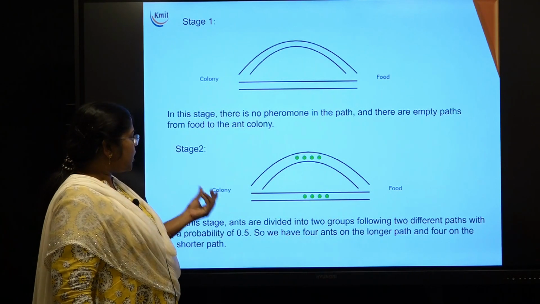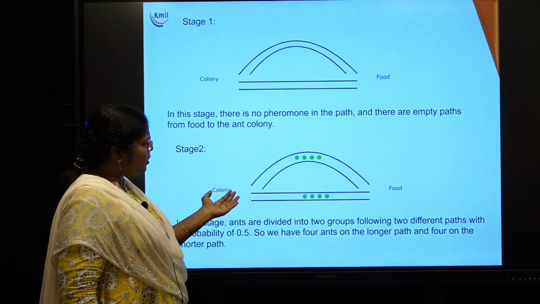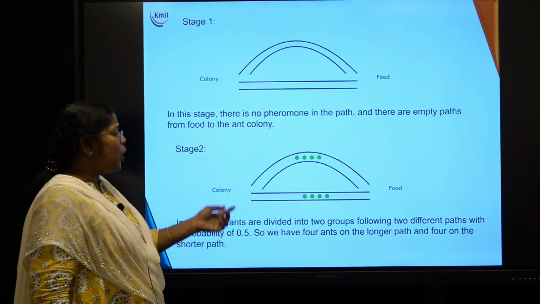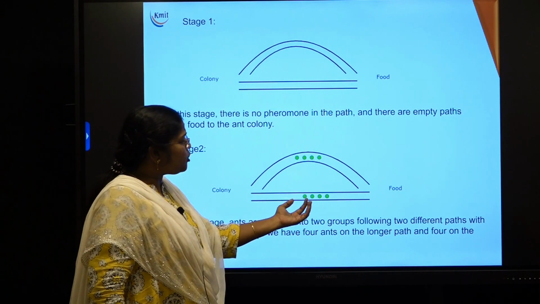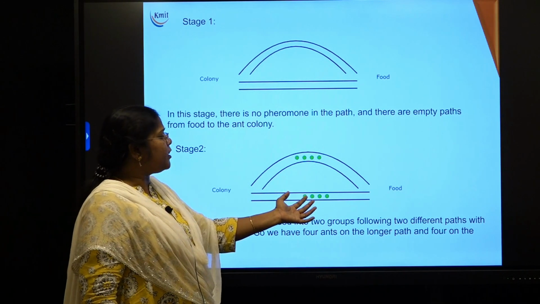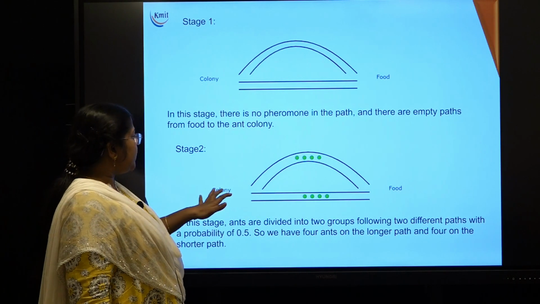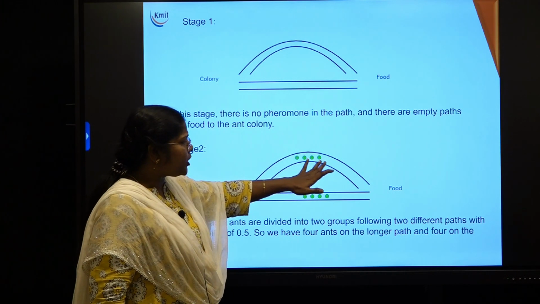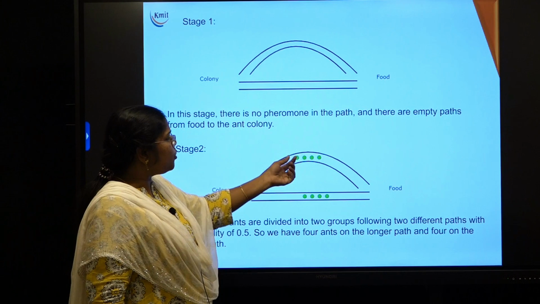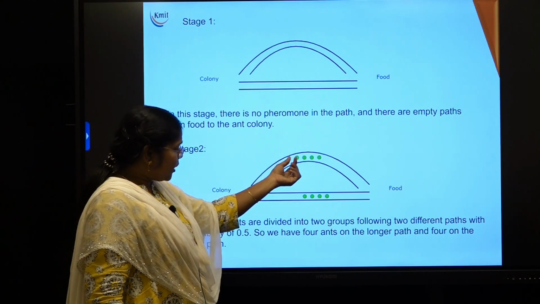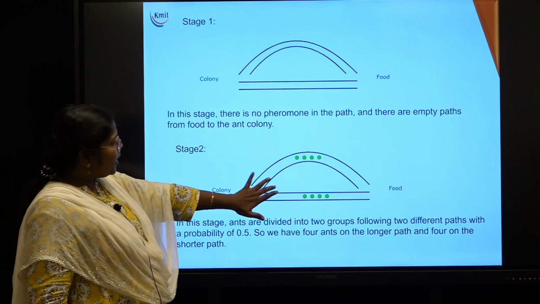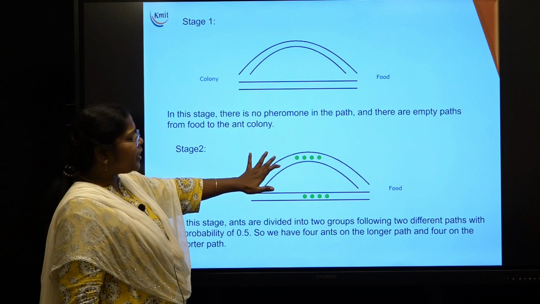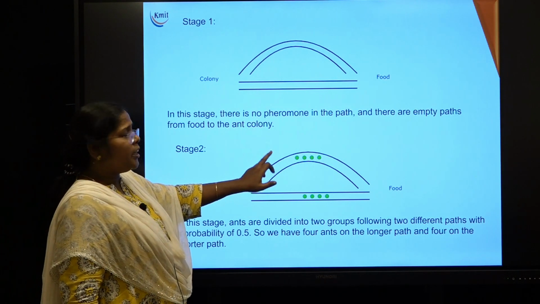First, some ants pick the first path and move along it, so these 4 ants will secrete pheromones, and the next 4 will start from here and pass along the longest path, so that it also has secreted pheromone. Here there is a probability of choosing the first path and a probability of choosing the second path.